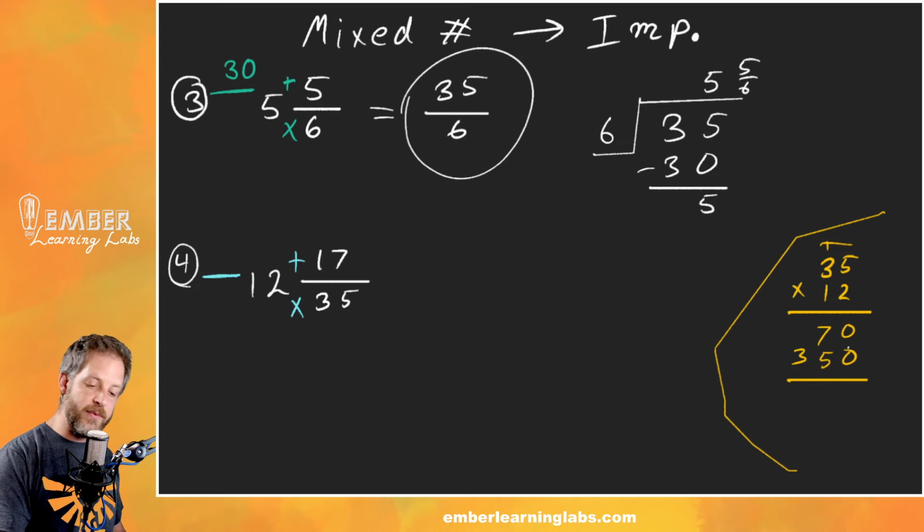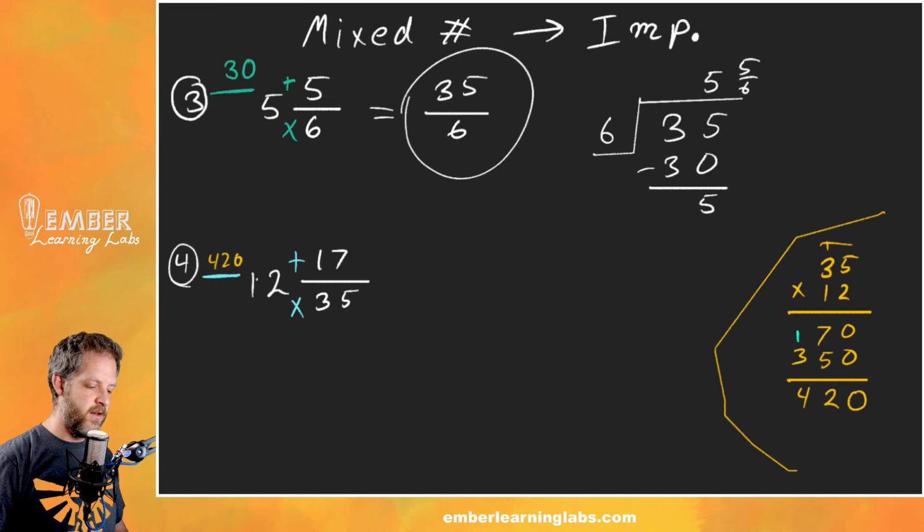Now we're going to add it up. 0 plus 0 is 0. 7 plus 5 is 12. We've got to carry that 1 up there, right? So, and we put the 2 down here. 1 plus 3 is, of course, 4. So the number we're going to put out here is 420, right?